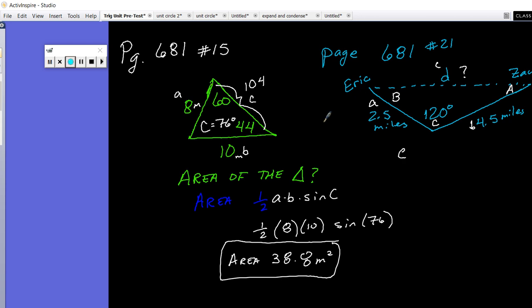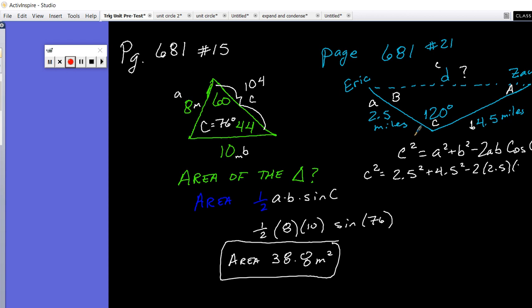The law of cosines says that c squared equals a squared plus b squared minus 2ab cosine of c. So c squared equals a squared, which is 2.5 squared, plus b squared, which is 4.5 squared, minus 2 times 2.5, times 4.5, because that's the b, times the cosine of 120 degrees.